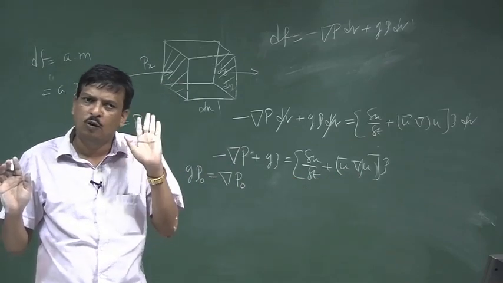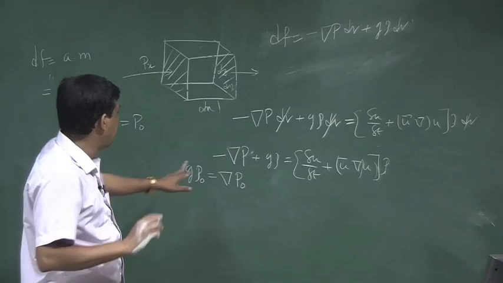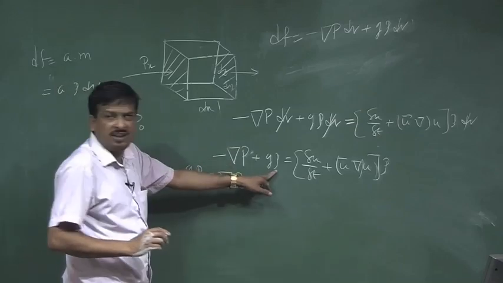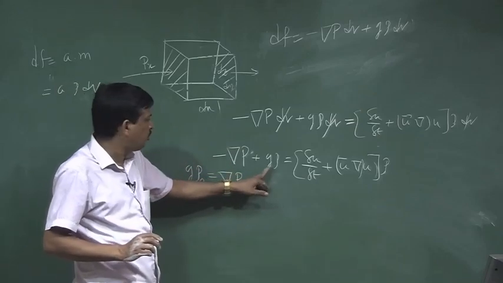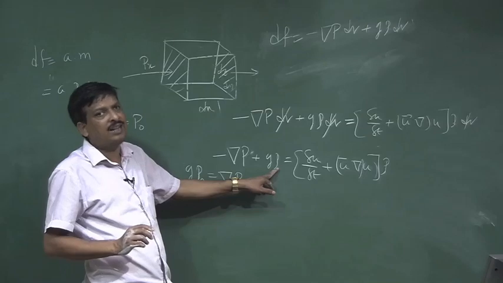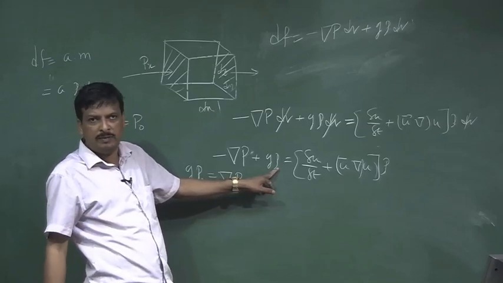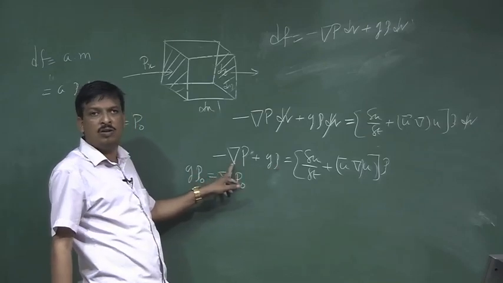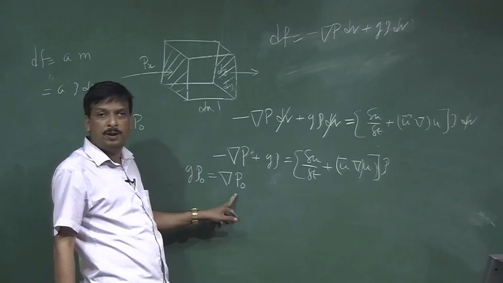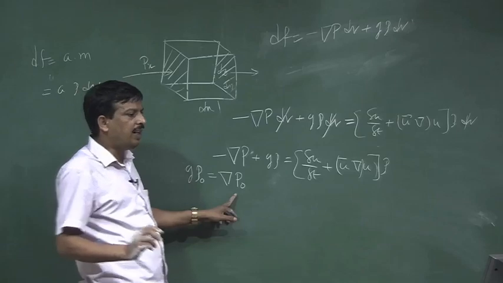I have said that no acoustic force is applied, so only the gravitational force will be there. So G into rho 0, because at no excitation rho is nothing but rho 0, is equal to the divergent of equilibrium pressure. Okay or not? Okay.